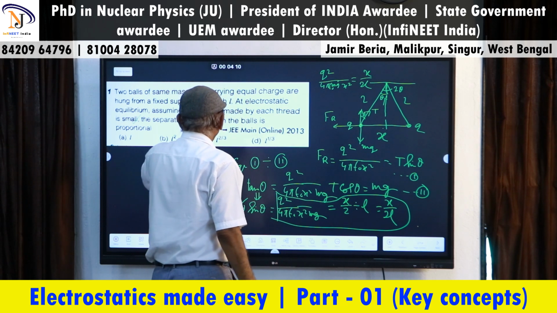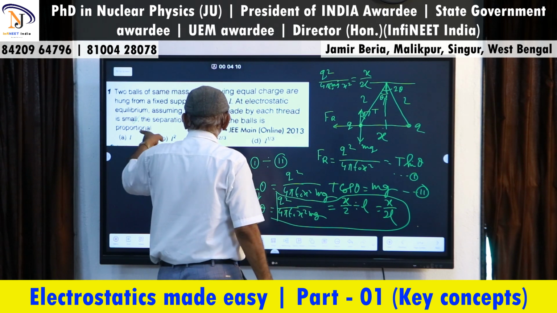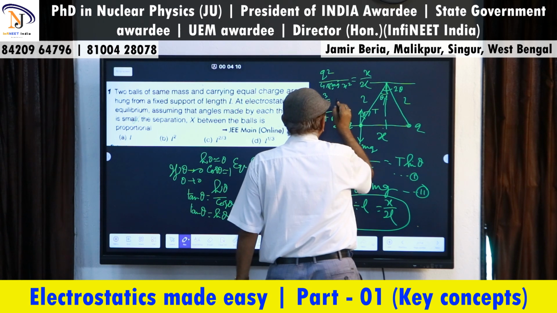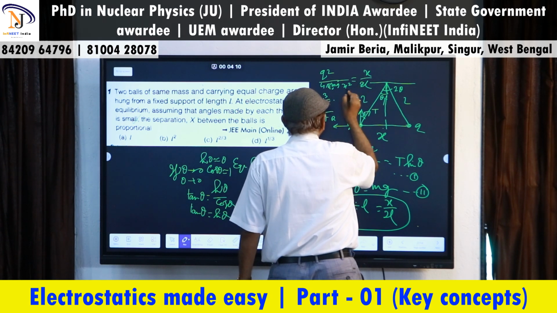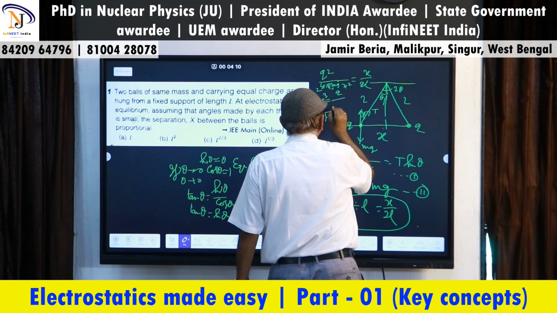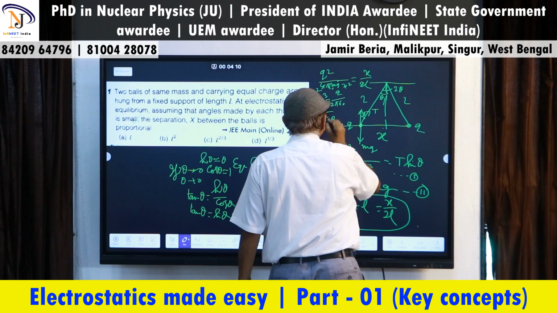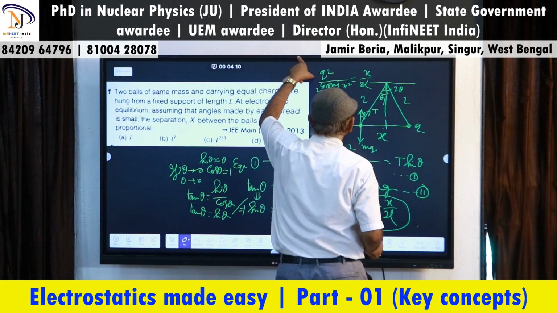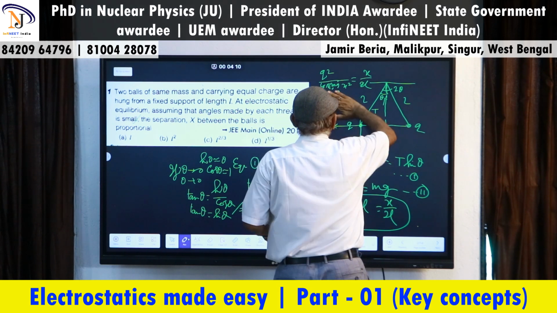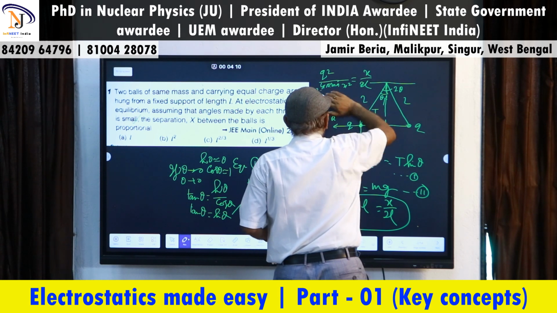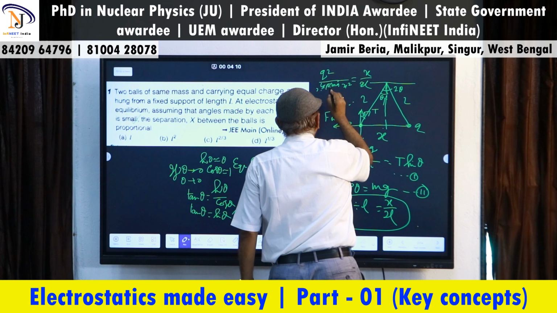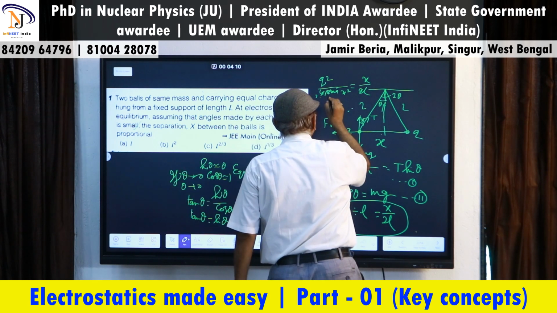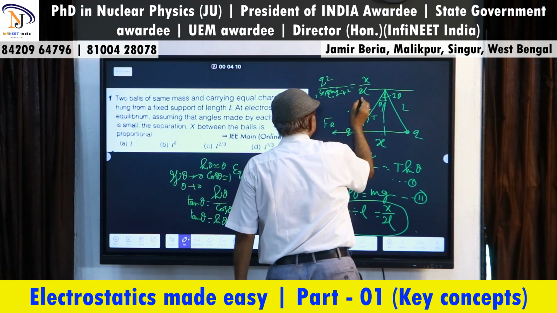What they want from you is x between the balls, so x cube equals L times Q square by 2 times 4 pi epsilon naught mg, and the 2 will cancel out.